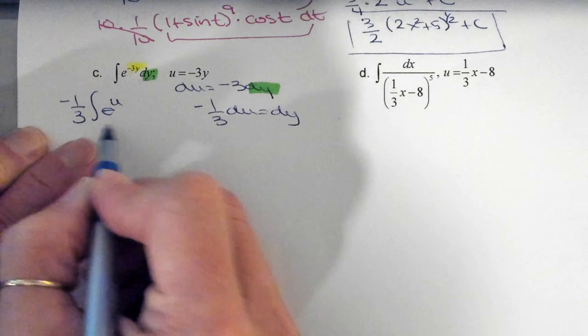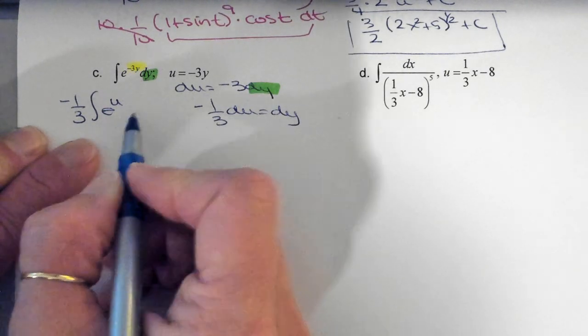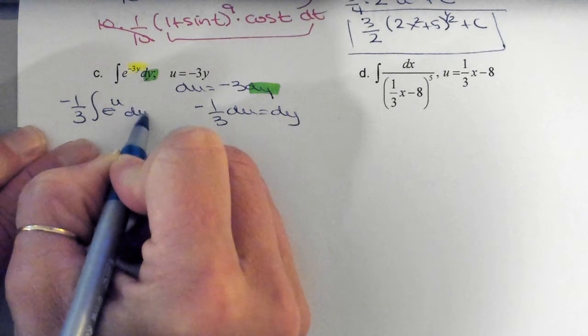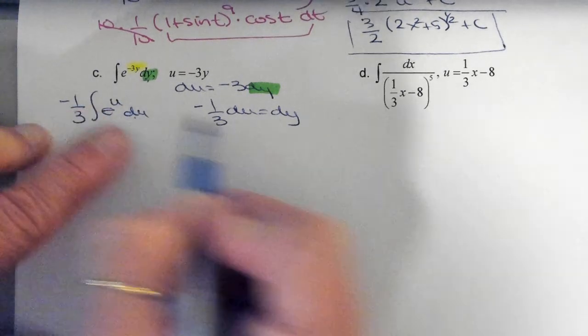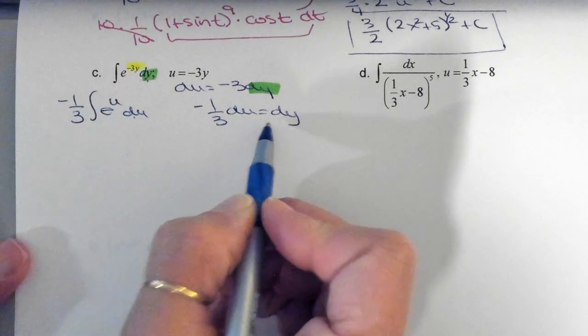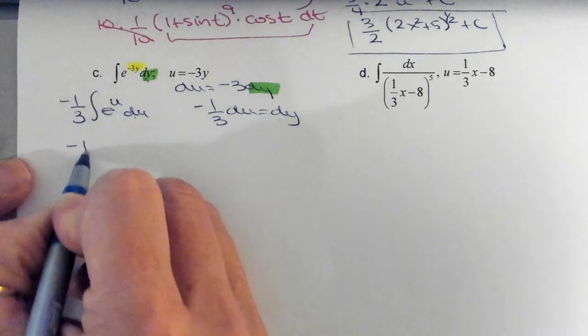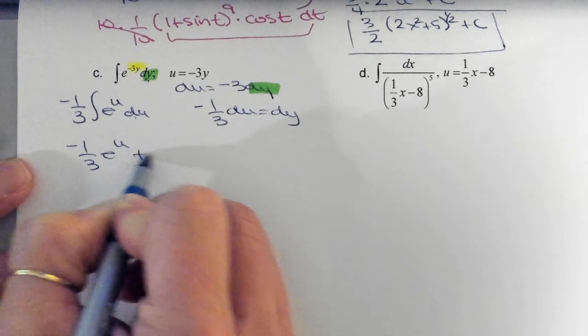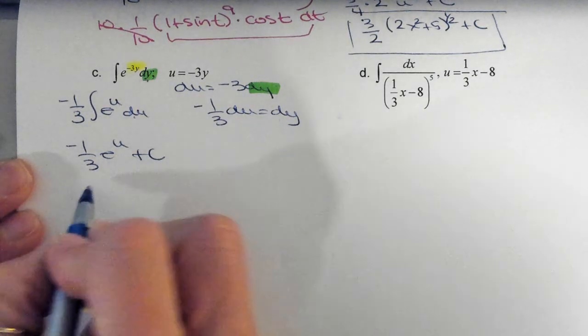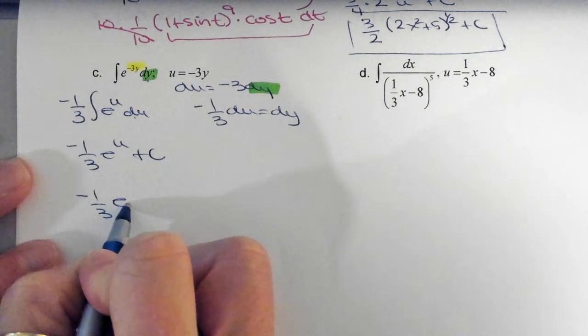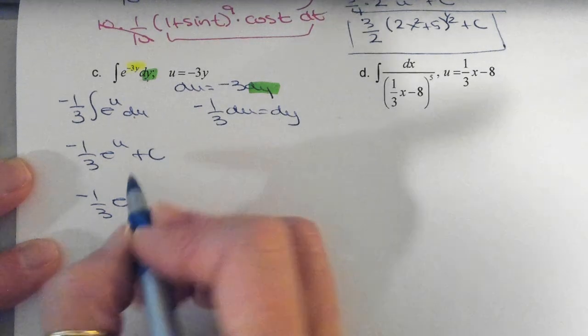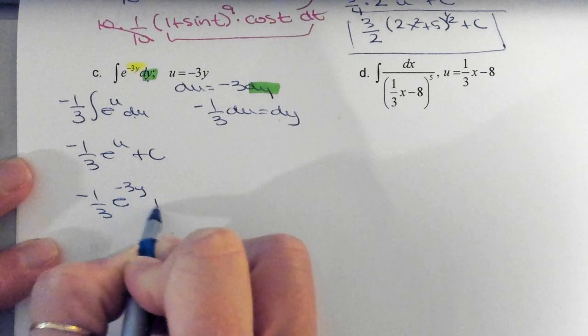And what am I missing here? du. Yep, because this dy becomes the du. It's right here. Okay, what's the integral of e to the u? e to the u. Negative 1/3 e to the u plus c. So now this is negative 1/3 e to the what power? Yep, plus c.